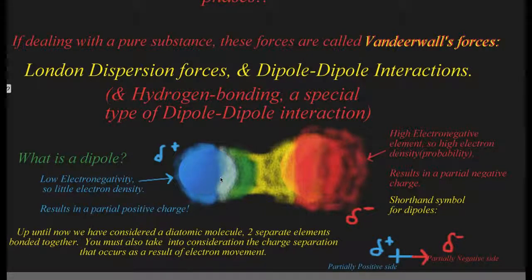So as a result, there becomes a redistribution of charges, an asymmetry, or a polarization of the charges.